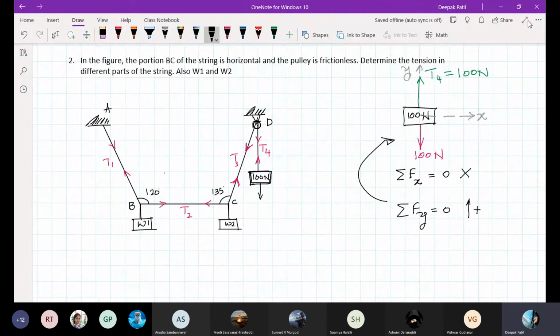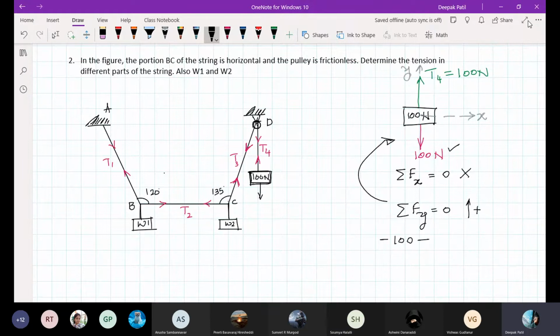So should I write this 100 as minus 100 or plus 100? Students, minus or plus? Yes, it should be minus 100. What about T4, plus T4 or minus T4?